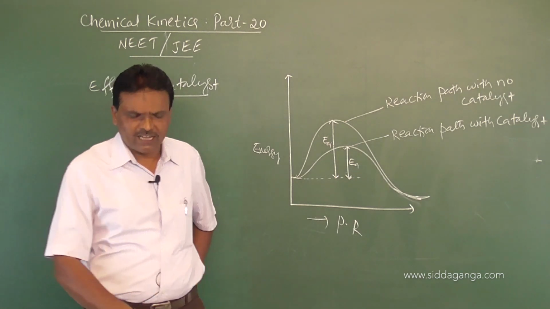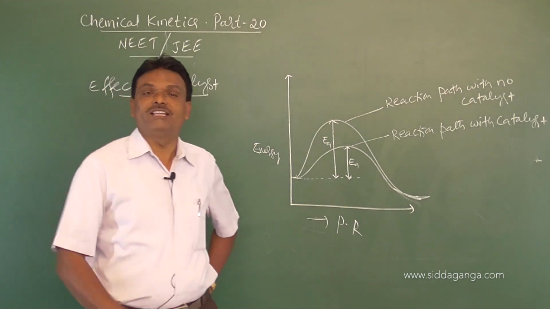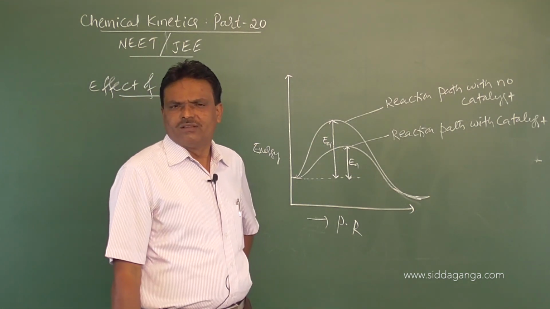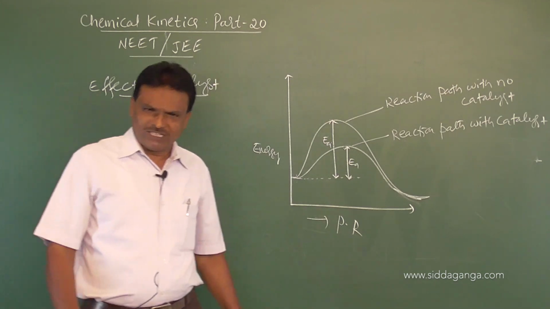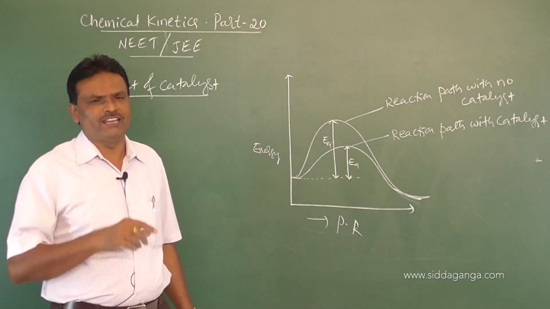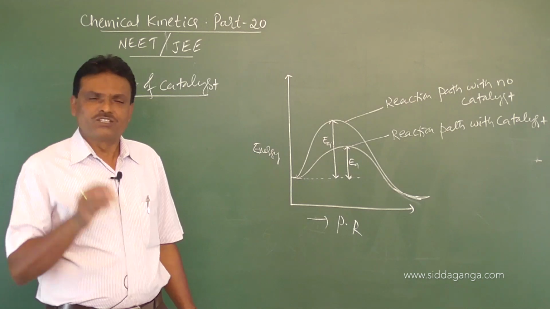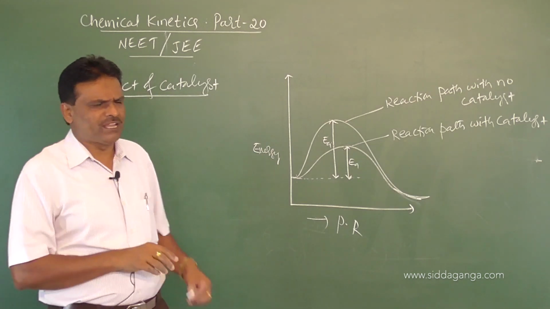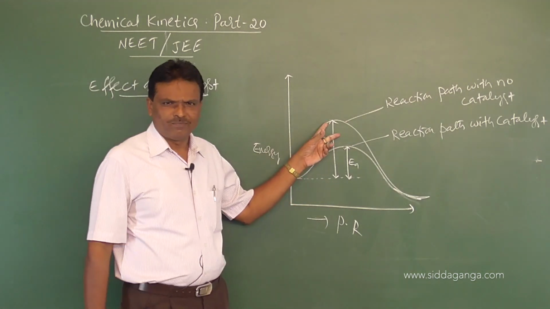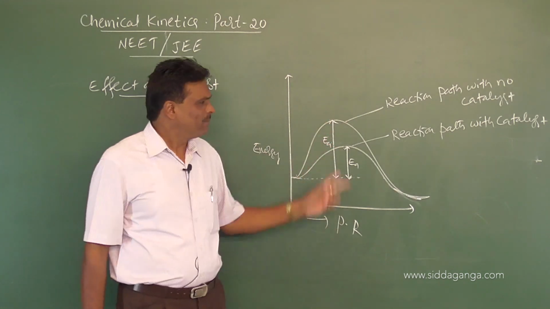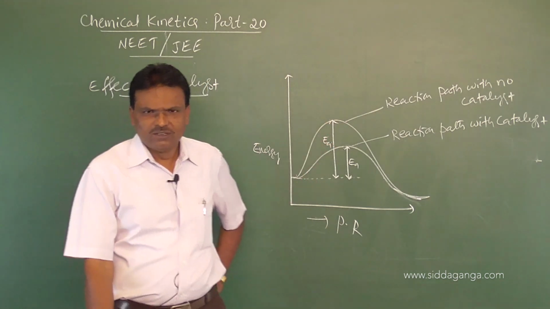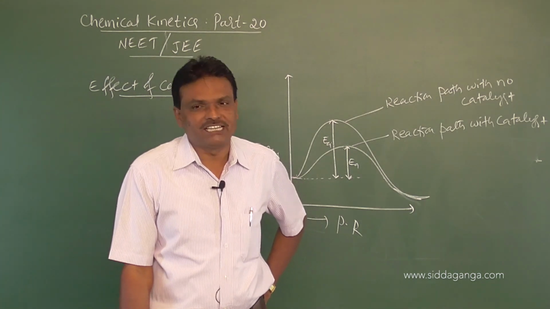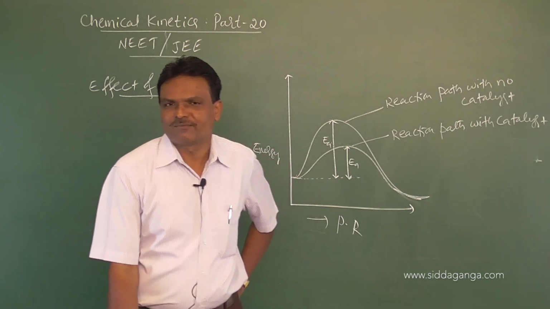So a catalyst cannot work in case of non-spontaneous reactions. A catalyst accelerates the reaction in case of spontaneous reactions. A catalyst just alters the rate of reaction without any permanent chemical change, but it may undergo some physical change.